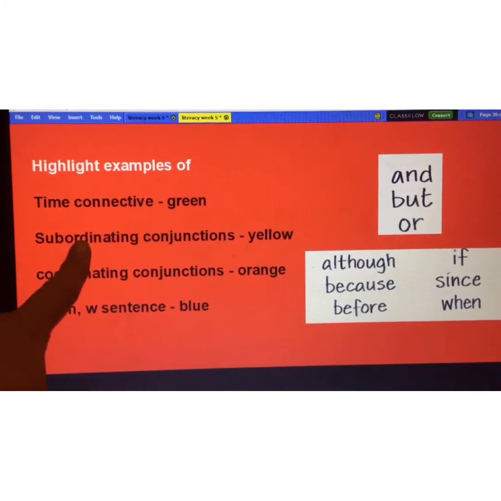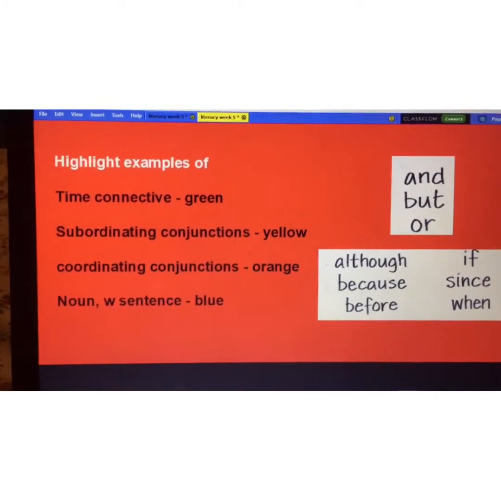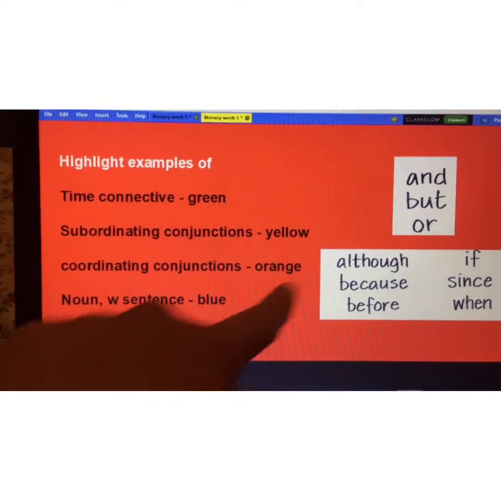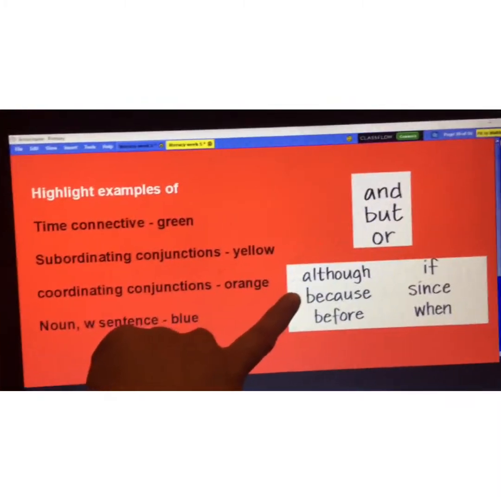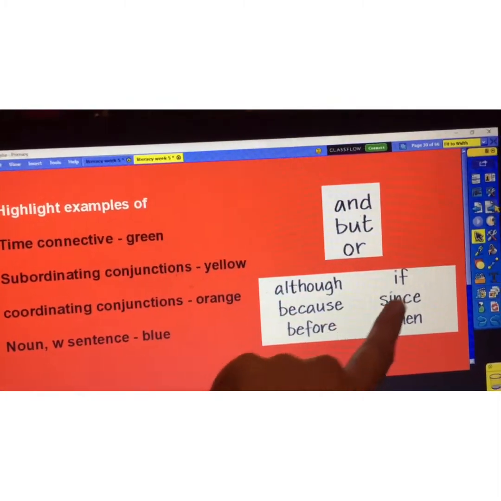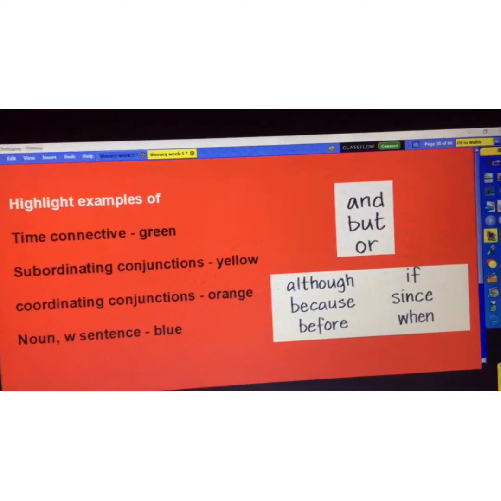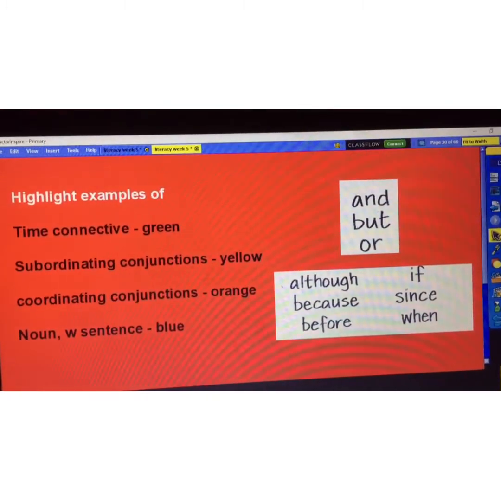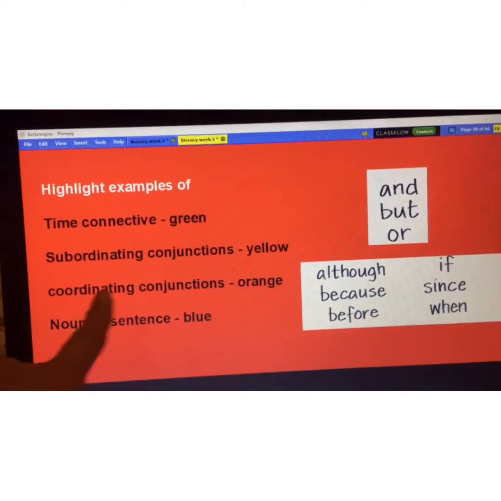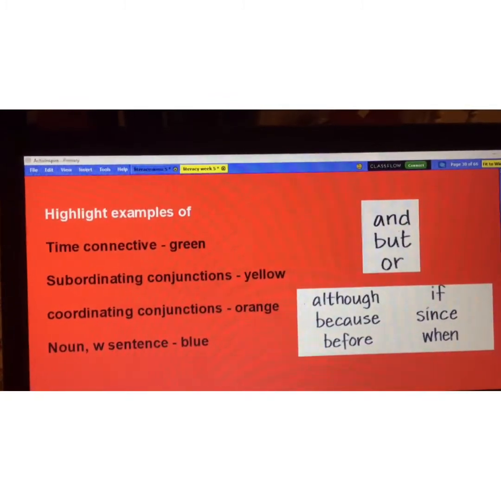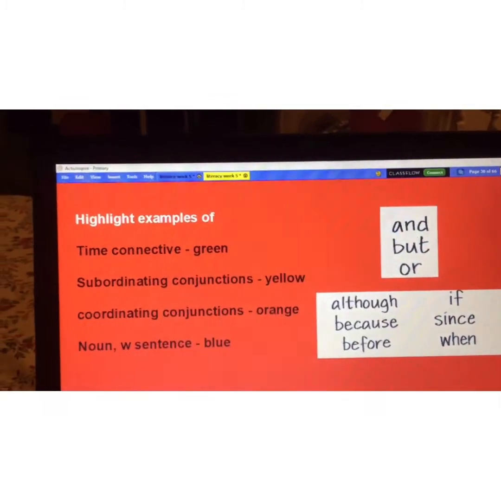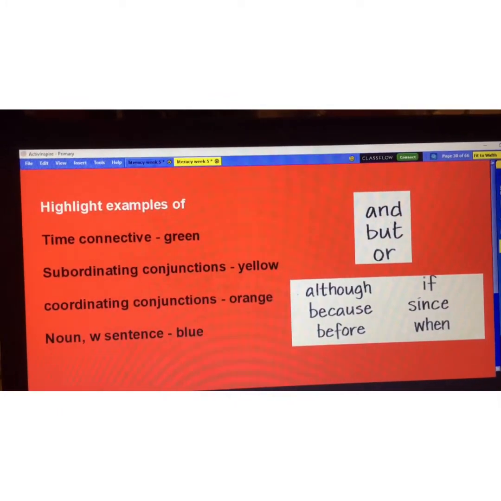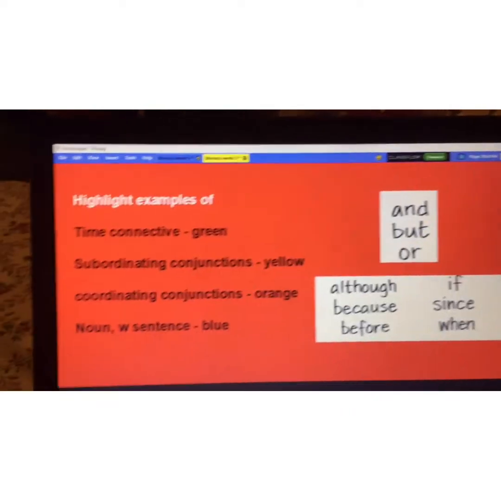I'd like you to look for our subordinating conjunctions. So that's these ones here. So we've got although, because, before, if, since, and when. And I'd like you to underline those ones. And then I'd also like you to look for any coordinating conjunctions. So we've got and, but, or. That's what I would like you to focus on.